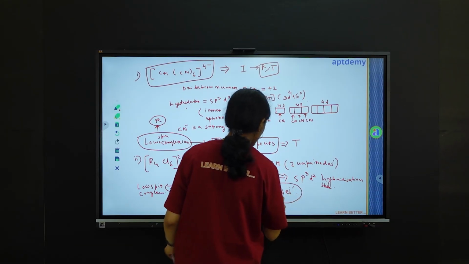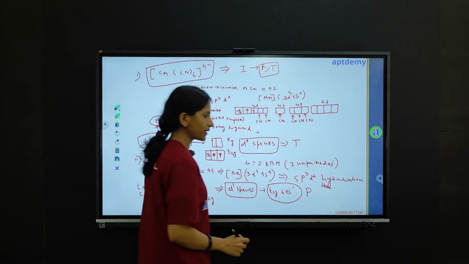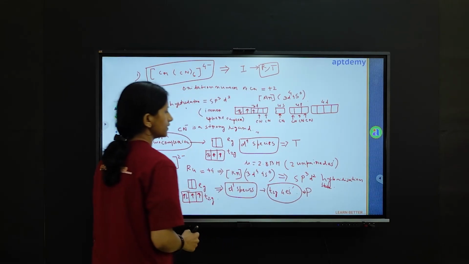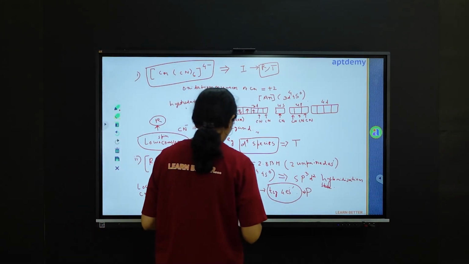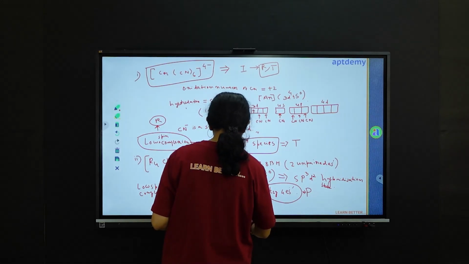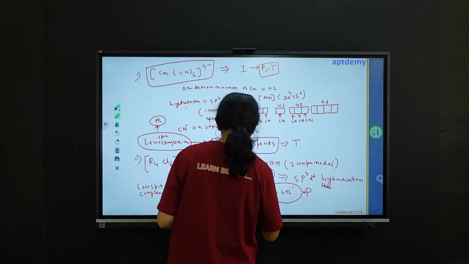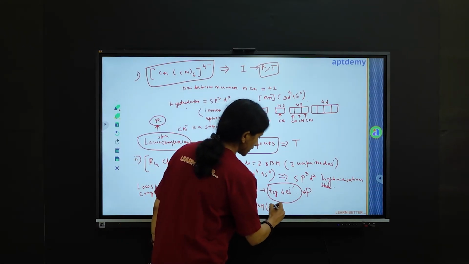And this is nothing but our P, which is the property given as P in the list as I have shown in the previous slide. And now if you consider mu, it will give you 2.8 BM, which represents that it contains 2 unpaired electrons.